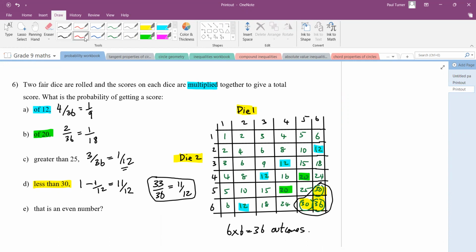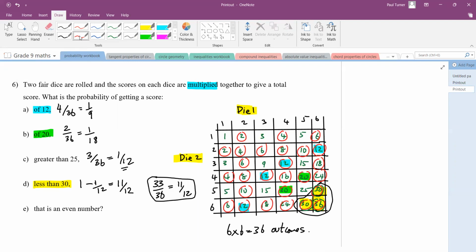So even numbers, what are the even numbers? How many are there? So we've got 1, 2, 3, 4, 5, 6, 7, 8, 9, 10, 11, 12, 13, 14, 15, 16, 17, 18, 19, 20, 21, 22, 23, 24, 25, 26, 27.